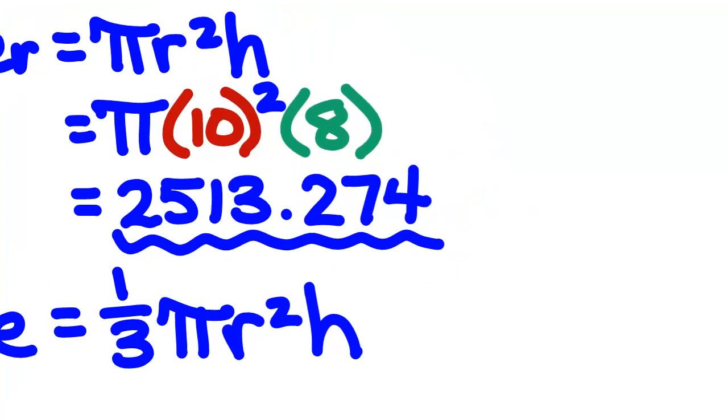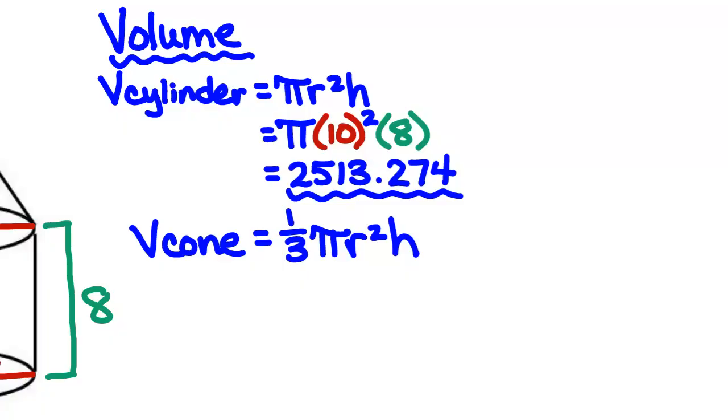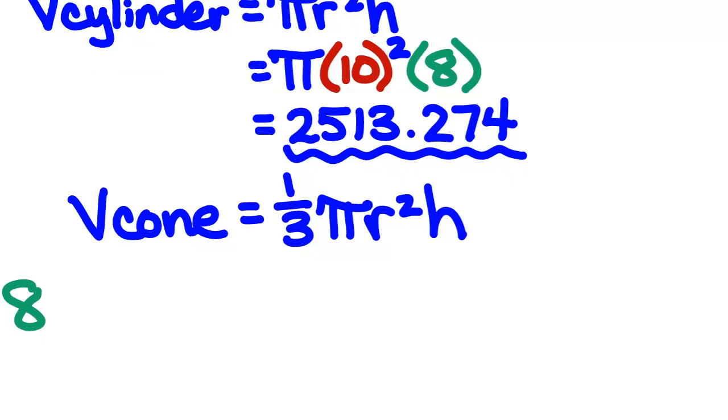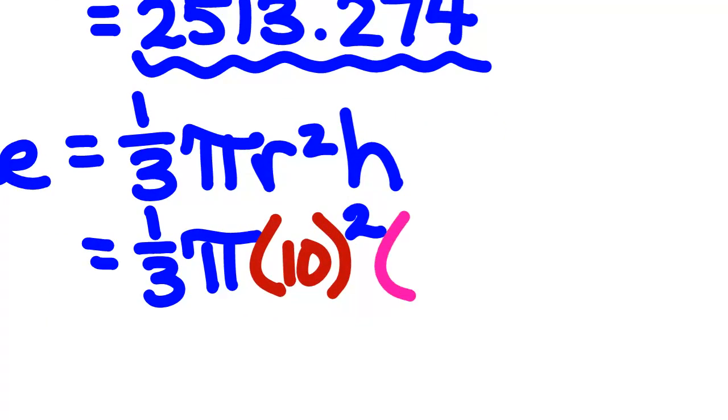No. So you can write units cubed, or you can just leave it like this. So I have 1/3 times pi. The radius is still 10. So 10 squared times the height of the cone. What was the height of the cone? 24.